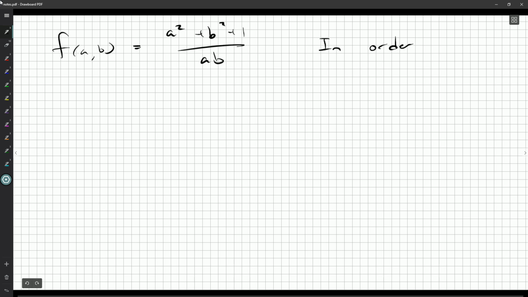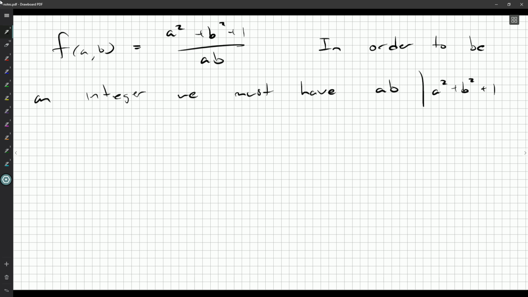So in order to be an integer, we must have ab divide a squared plus b squared plus 1. That's literally how you're going to get it to be an integer.